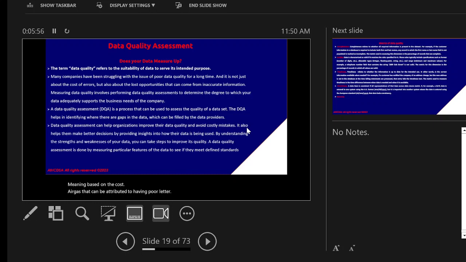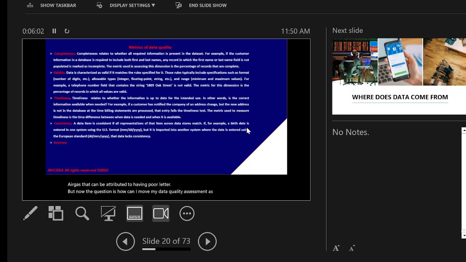But now the question is, how can I do my data quality assessment as an organization? We are going to look at this. I have an example somewhere, then I think we can go for that break.